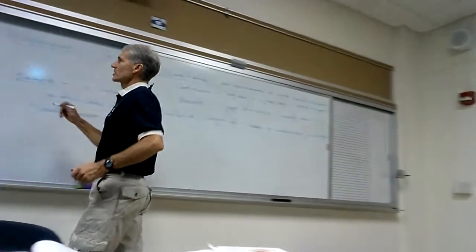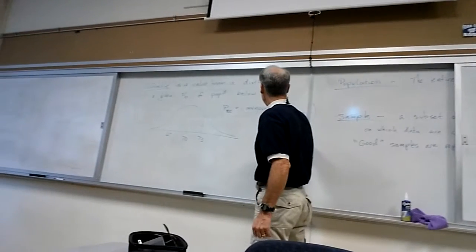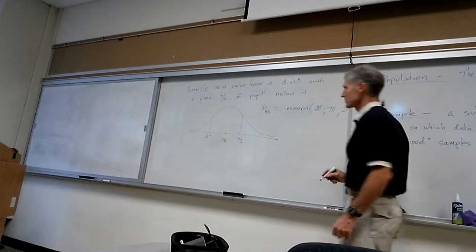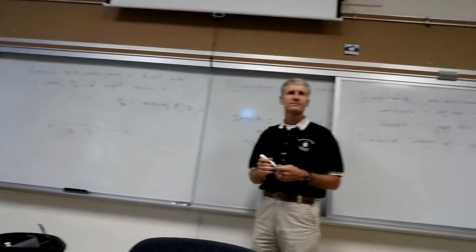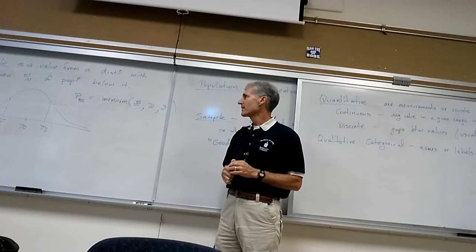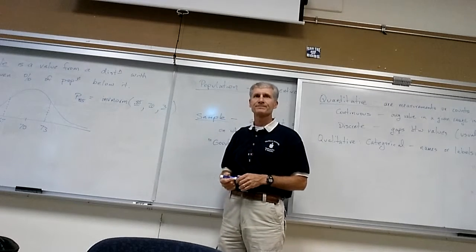The first argument is the percentile, the amount you want below it, 0.85, and then the mean and the standard deviation. Population. Yeah, the parameters for the distribution that you're talking about.